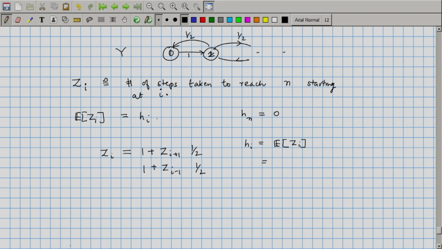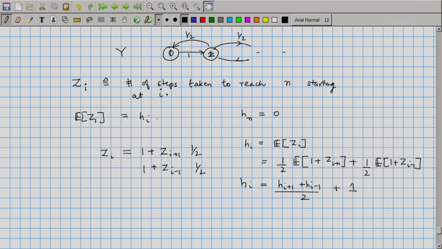So, the expectation of Zi is half into expectation of 1 plus Zi plus 1, plus half into expectation of 1 plus Zi minus 1. So, this will be equal to (Hi plus 1 plus Hi minus 1) by 2, plus 1.